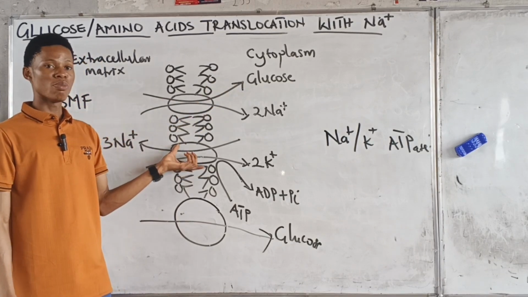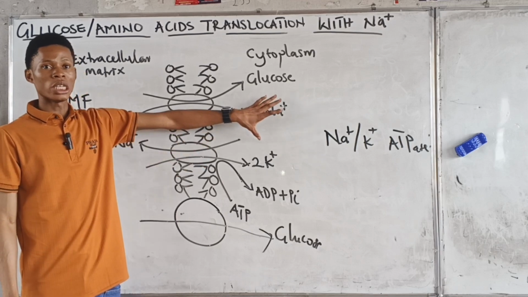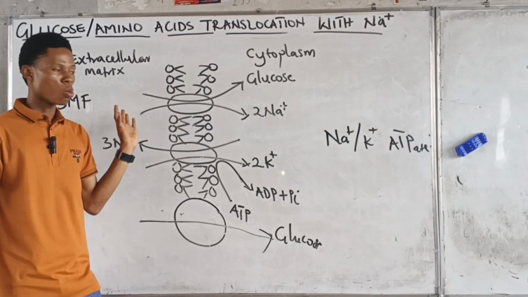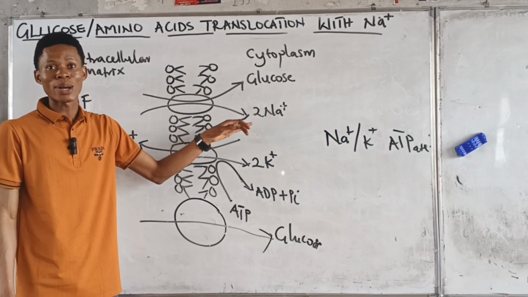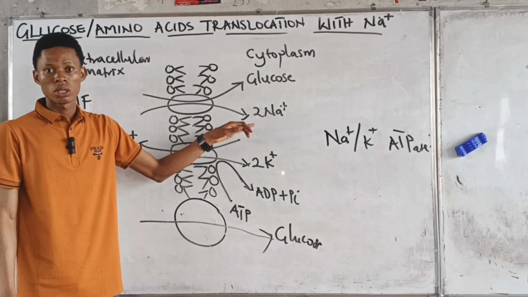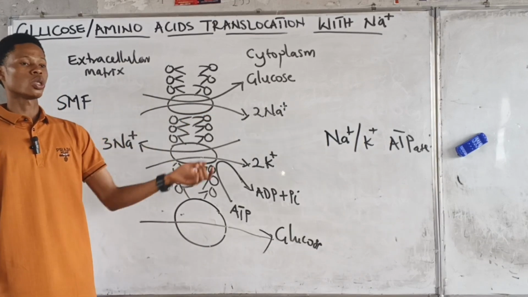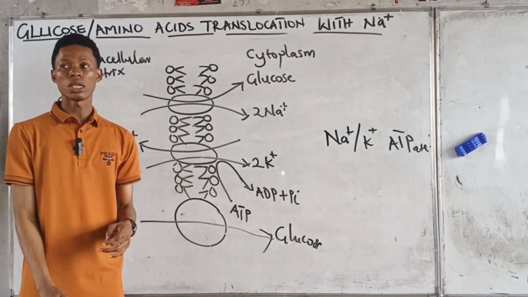So if this one is inhibited, sodium ion will accumulate here, so we'll now have a higher concentration here than here. So moving from here to here is no longer passive transport. So glucose cannot be transported into the cell if this one is inhibited.